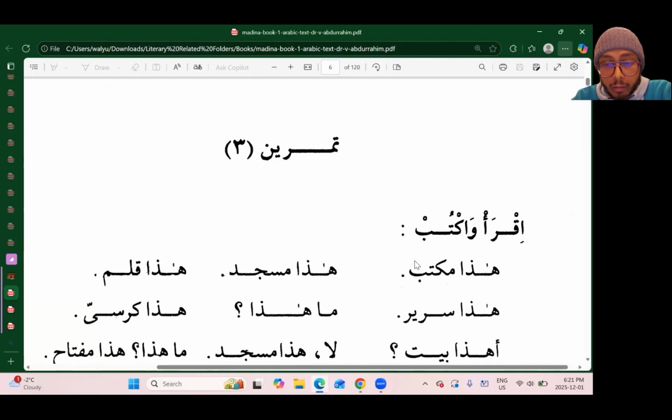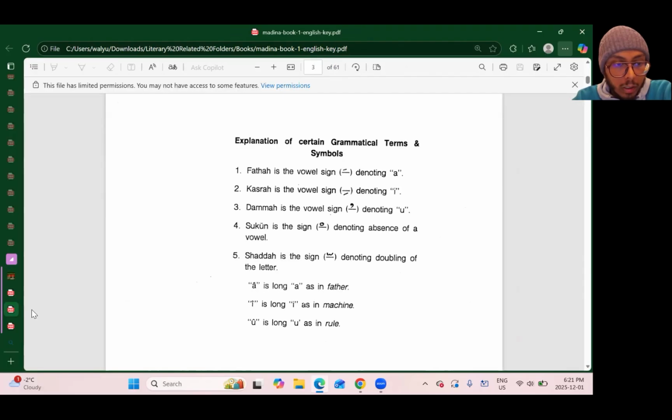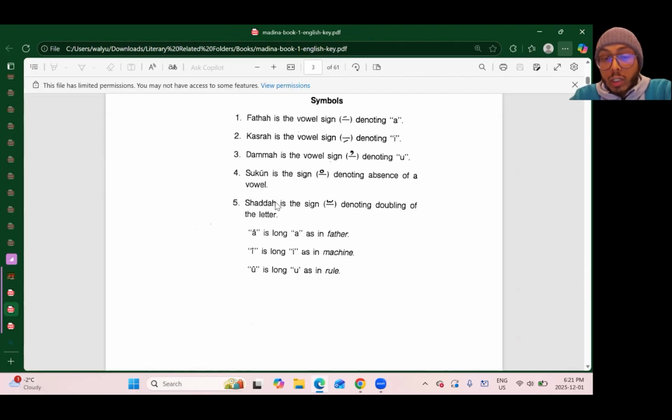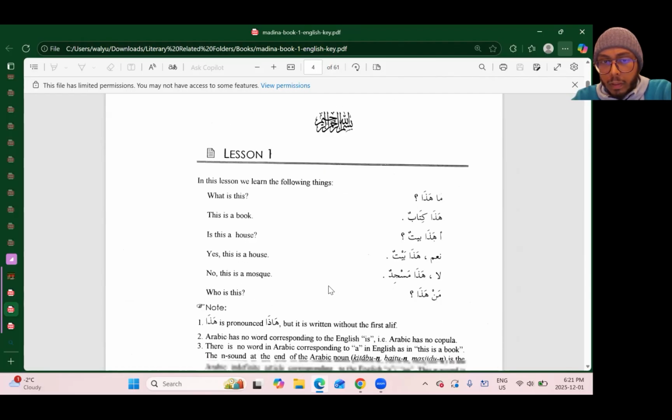Nouns will not have a sukoon or a jazm on the end. They will always have a haraka, either a fatha, dhamma, or a kasra. A shadda is a doubling of the letter. And then this is just transliteration notes that you can read.